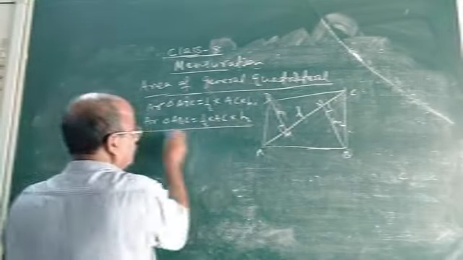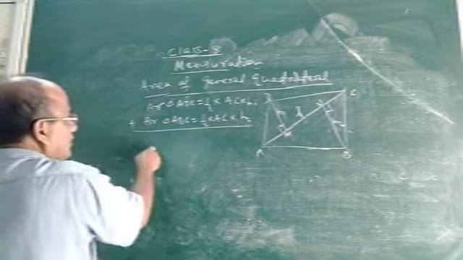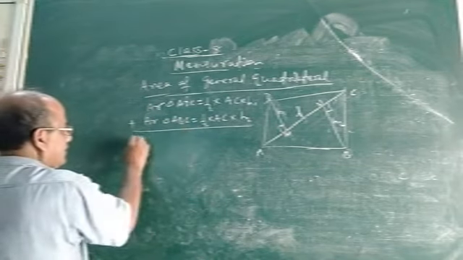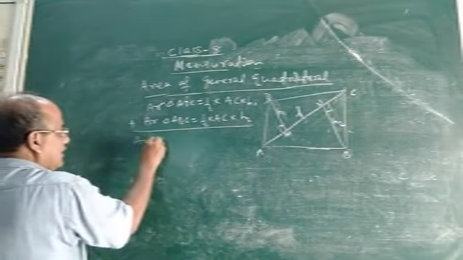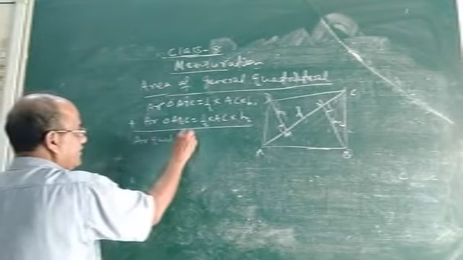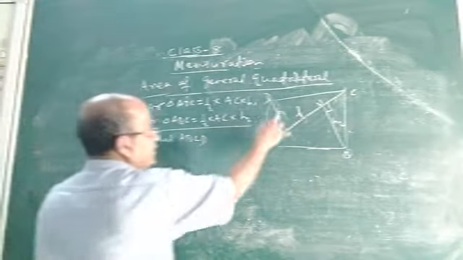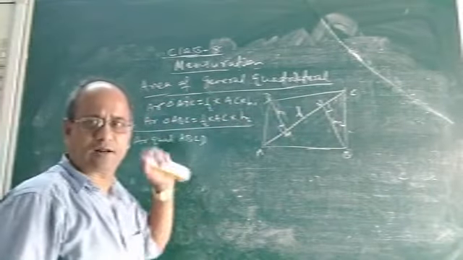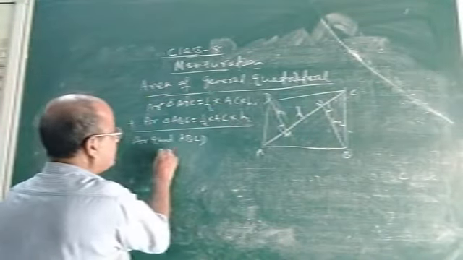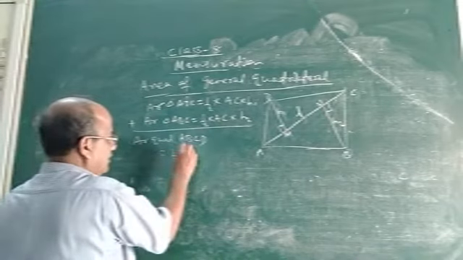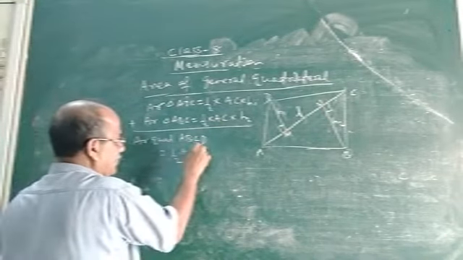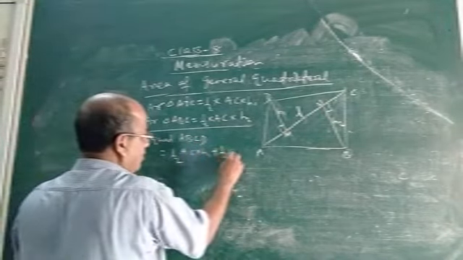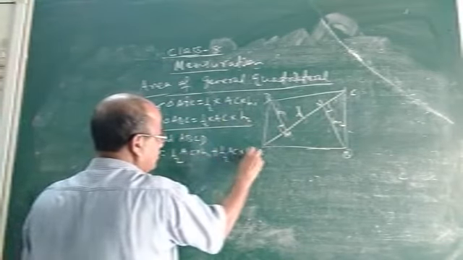Now you add the two. If you add the area of ADC and the area of ABC, you will get the area of quadrilateral ABCD, because if you add the areas of this triangle and this triangle, you will get the area of the total general quadrilateral ABCD, which will be equal to half AC into h1 plus half AC into h2.